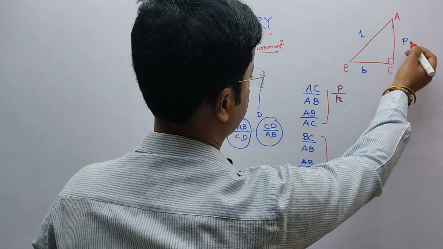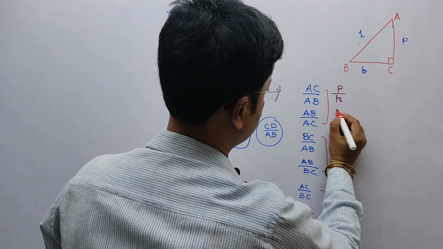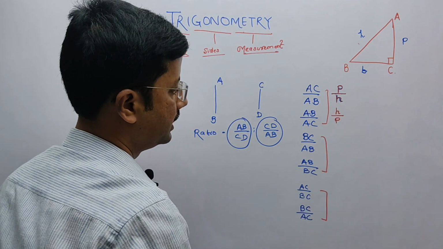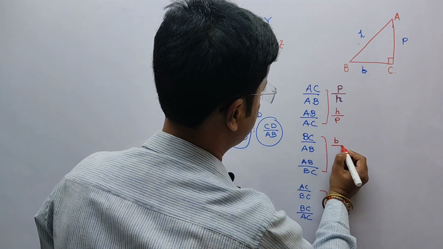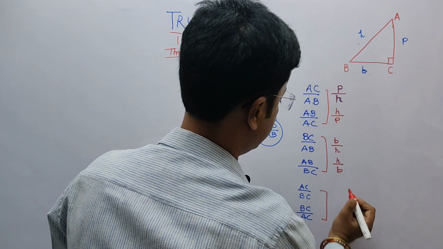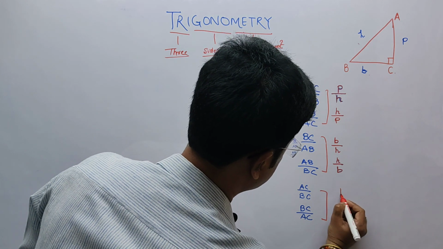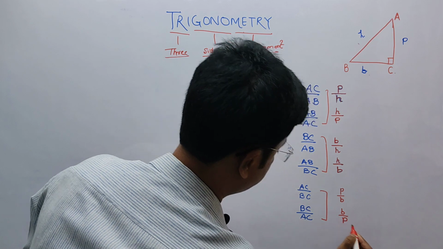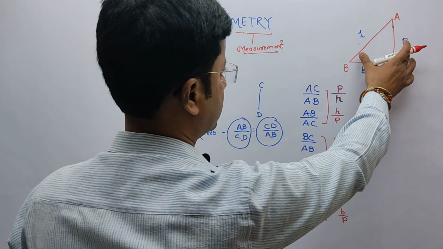From here, AC upon AB, AB upon AC, just the numerator becomes the denominator. Then BC upon AB, that is B upon H. Then again it is H upon B. AC upon BC, that is P upon B. Then this is B upon P. Right? These are the different ratios which we can get.